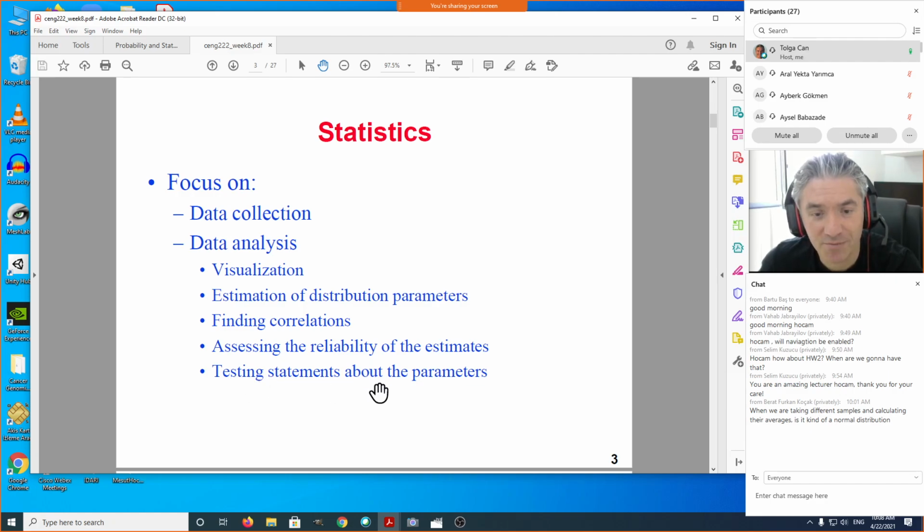We'll have some statements about the parameters. For example, somebody makes this claim: electrical engineering students have higher GPA than computer engineering students. That's a claim, right? So we're talking about two parameters, the GPA of two different populations, electrical engineering students and computer engineering students.